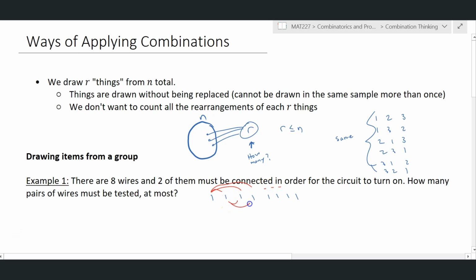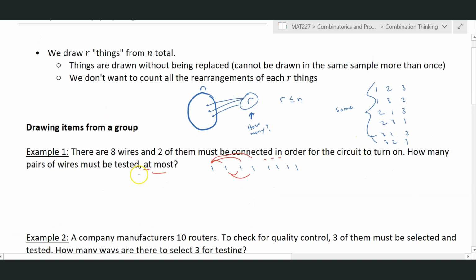The question is how many pairs of wires must be tested at most? We say at most because, of course, you may pick the 2 right wires on the first try, but possibly it could be the last 2 in the entire sequence that you finally connect, and those cause the circuit to turn on.